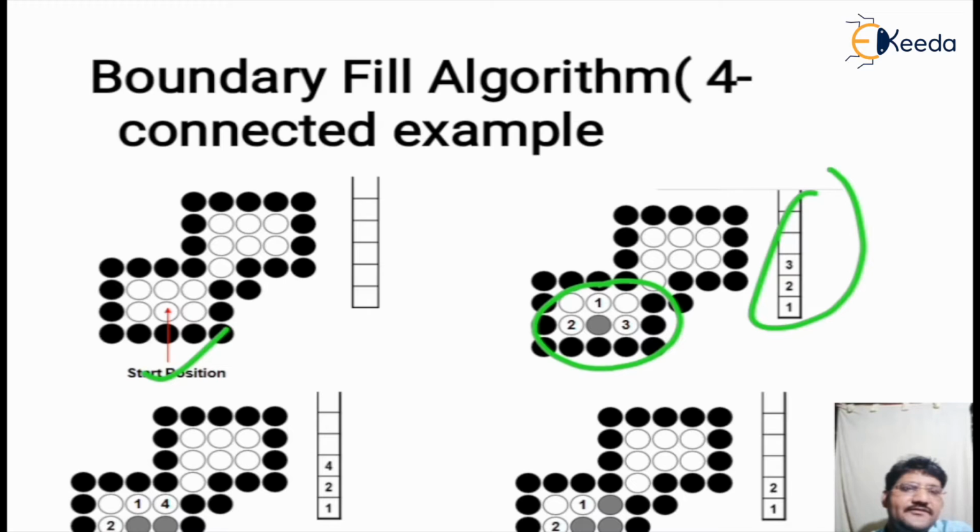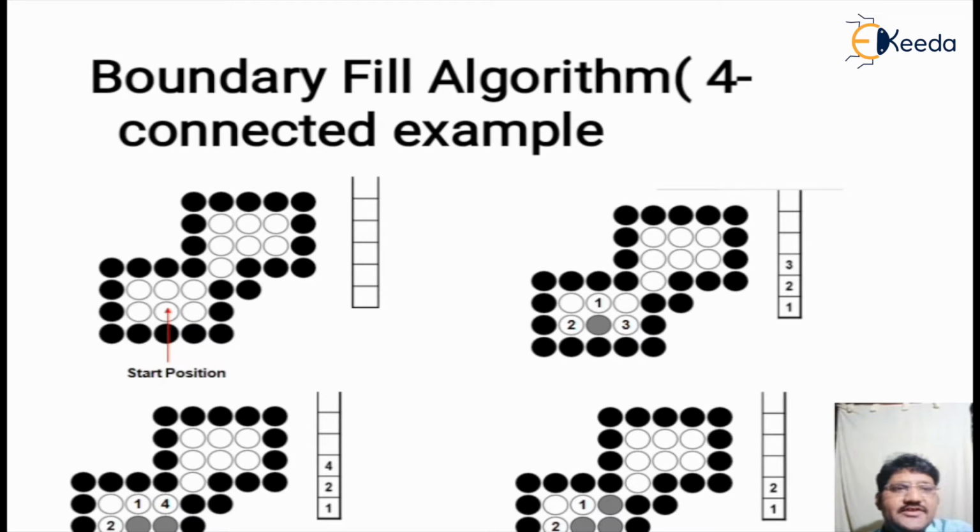So here we are storing in the stack pixels 1, 2 and 3, which are the neighbors of the seed point. Now we pop the top element of the stack and set the color. So here we pop 3 from the stack and color it.